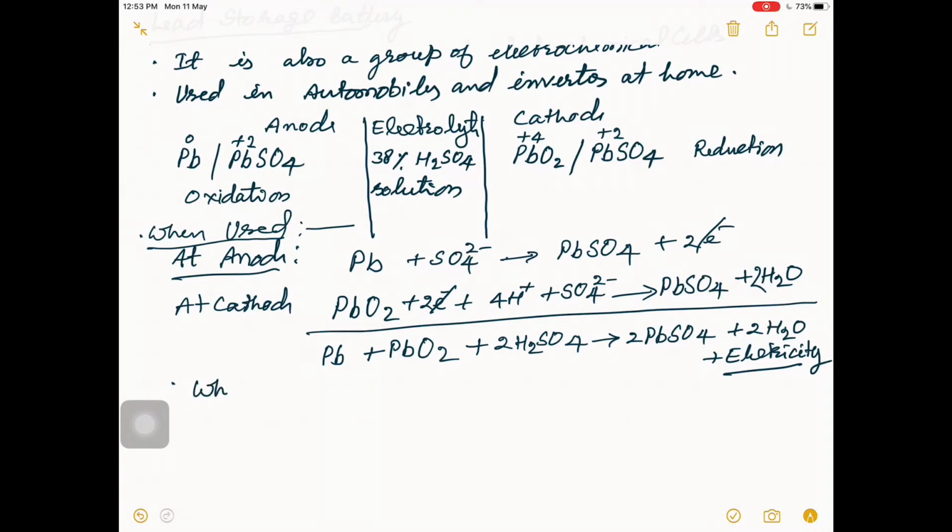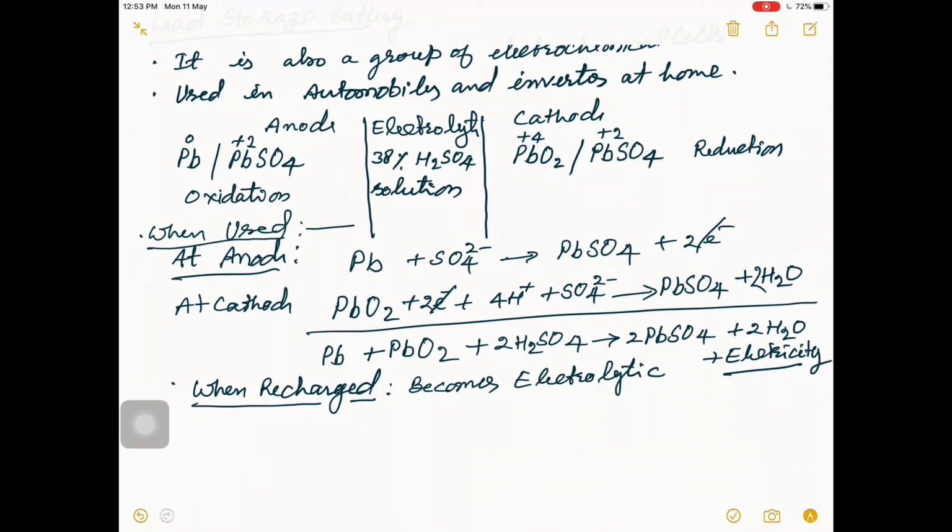When it is used for a long time, it discharges, so it is recharged again by passing electricity. So when this is used, it acts as an electrochemical cell, and when recharged, this becomes an electrolytic cell.